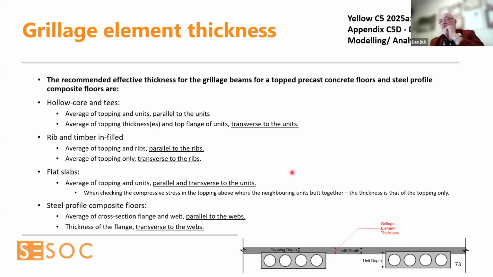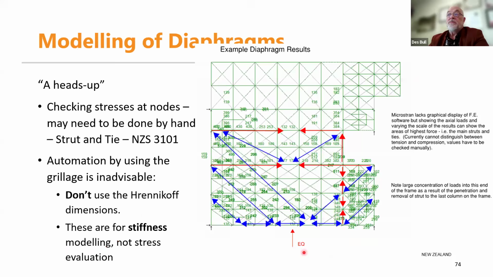I'm just going to leave this here for your information, because you can read it later. But the diaphragms, if you look down at the bottom of the page, have different thicknesses, whether they're running parallel to the units or transverse. So there are recommendations on different floor layouts for along the units and across the units, parallel and transverse, in terms of the thicknesses you put into your model.